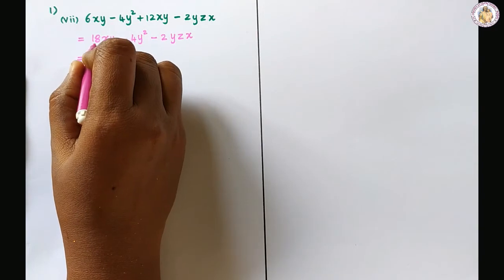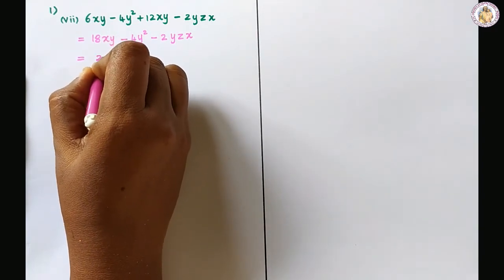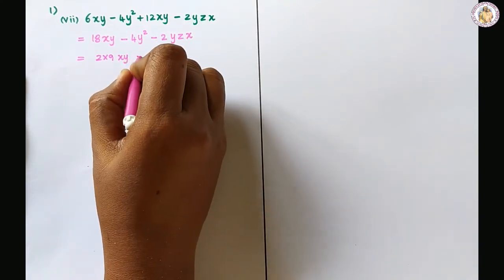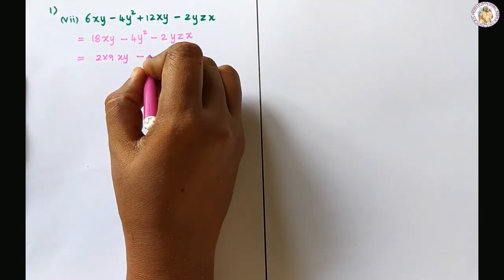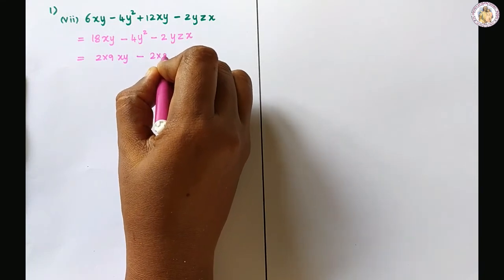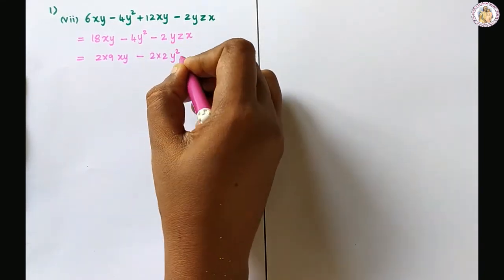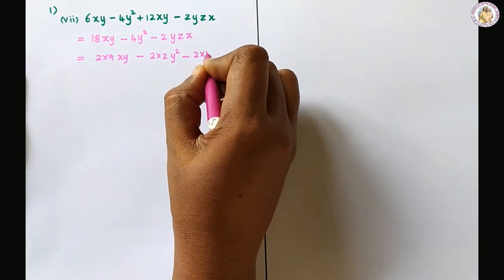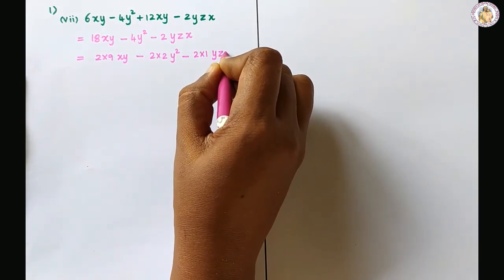So write 18 as 2 into 9, variables xy, minus 4 as 2 into 2 y squared, minus 2 into 1 yzx.